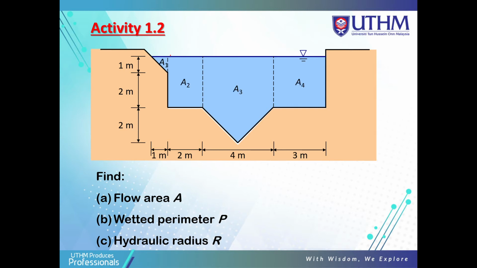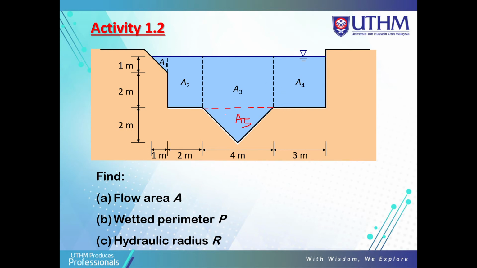So we can divide it into 4 types of channel, a combination of 4 channels: A1, A2, A3, and A4. And you can also add the area of 5 here. So this is the total for A.